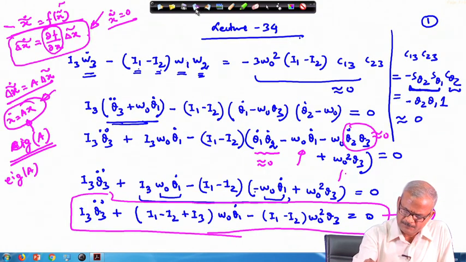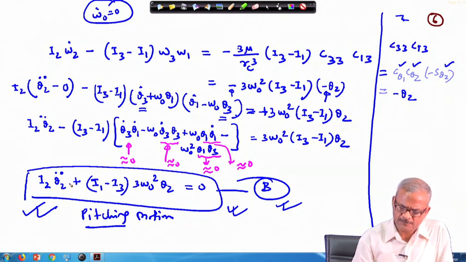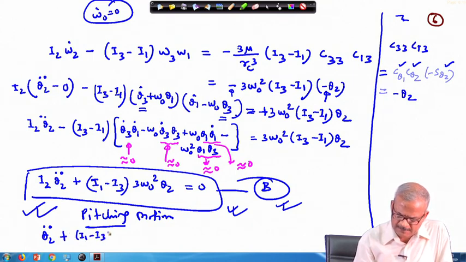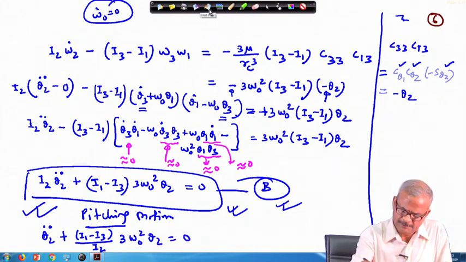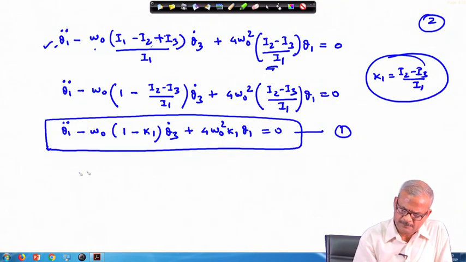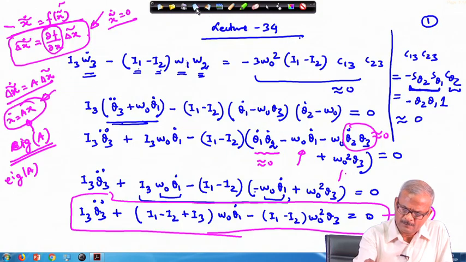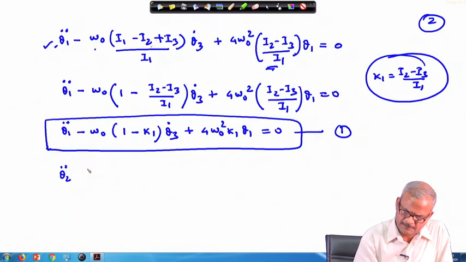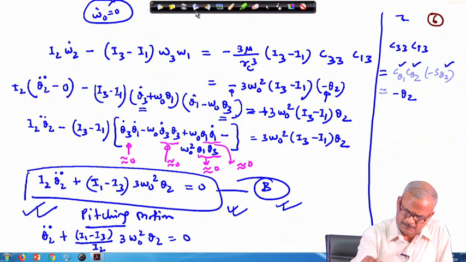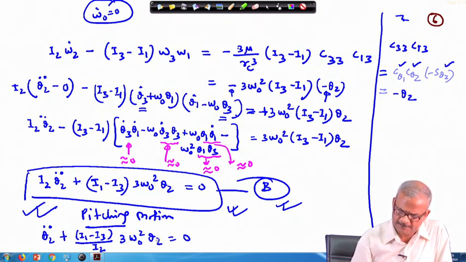Similarly, this is your pitch equation, which we can write as theta 2 double dot plus (I 1 minus I 3) divided by I 2 times 3 omega 0 square theta 2, this equal to 0. Here itself let us first write it, and then we will write on the next page.